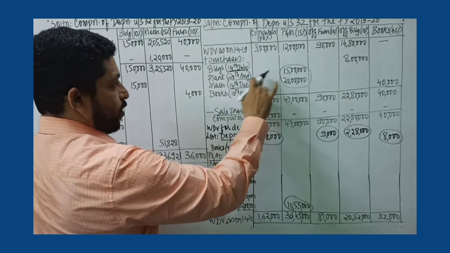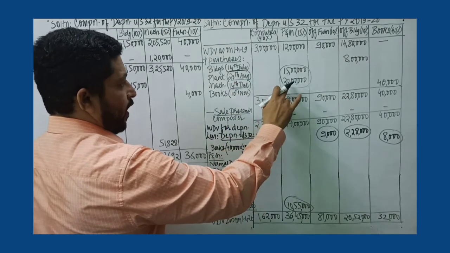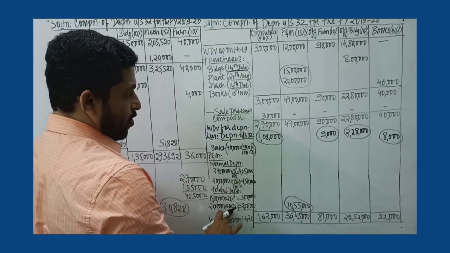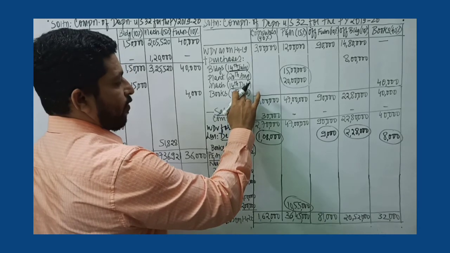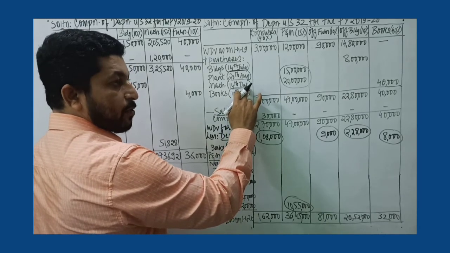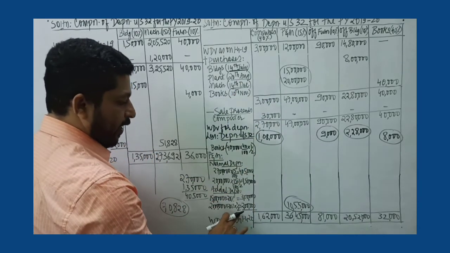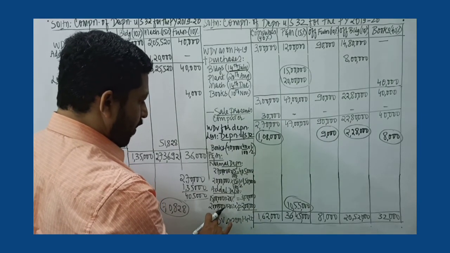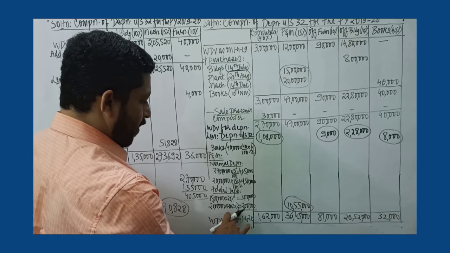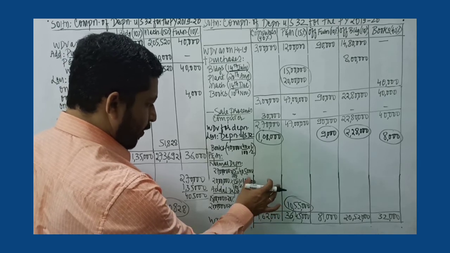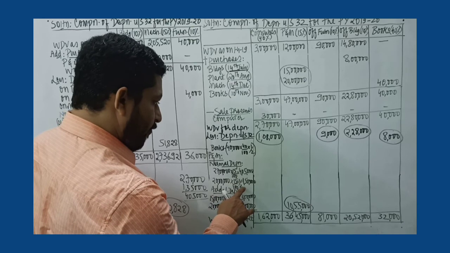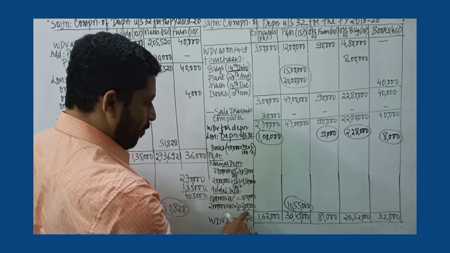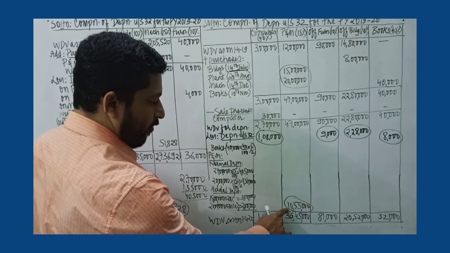Since this was used for more than 180 days, whereas this machinery purchased for 20 lakh on 14th December was put to use for less than 180 days, half year's depreciation: 20 lakh into 20% would be 4 lakh and half of that is 2 lakh rupees. So total normal depreciation is 5 lakh 55,000 and additional is 5 lakh, so the total is 10 lakh 55,000.